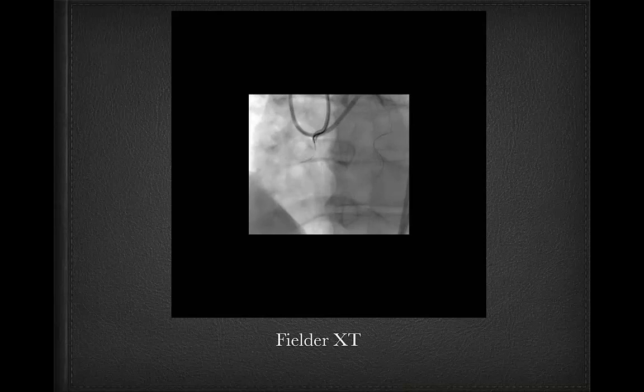And the Fielder XT wire takes some bend, but there was no extrasystole, so I just redirect my Fielder XT, and with some drilling, it gets easily in the true lumen. So this is a curve on the right, but the Fielder XT is a soft wire, so you can use it.